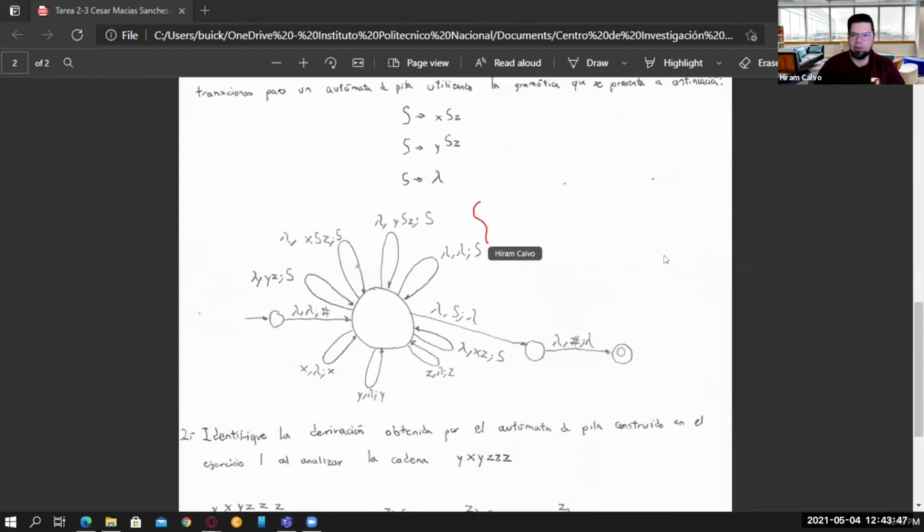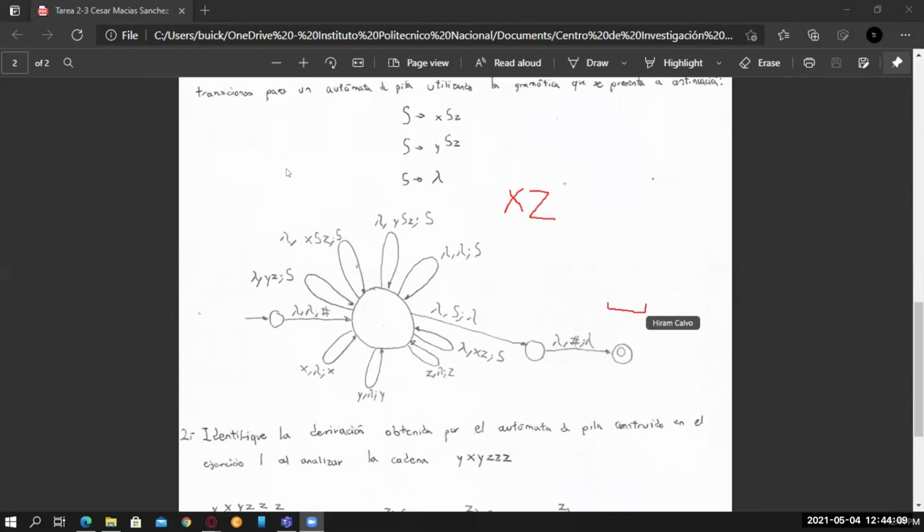Okay, so suppose we have this x, y. No, it's not x, y. X, z string. And suppose we have our stack here. So the first thing we will do is to add a hash into the stack.